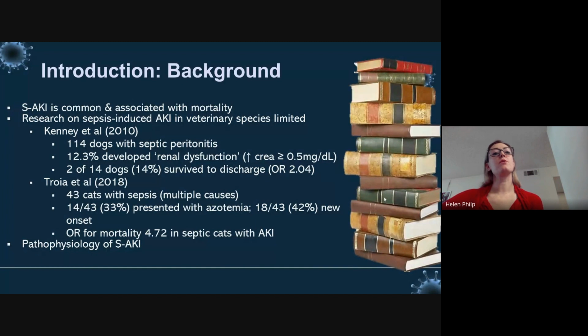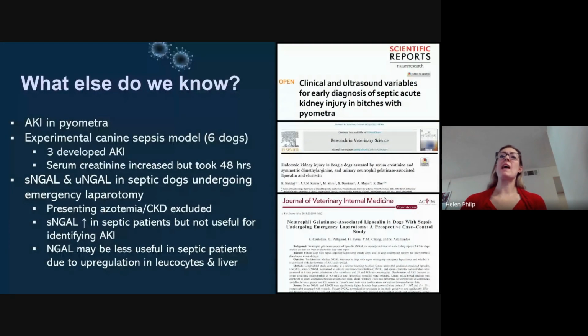And then they go on to talk a little bit about the pathophysiology of sepsis-associated AKI, which we've already talked about. And it got me just having a little bit of a literature review on this, just thinking, what else do we know? I mean, there's so many experimental models reported in human medicine, and you'd think that some of those would be on dogs potentially. And I found this paper on AKI in pyometra, looking at different biomarkers and ultrasound variables.